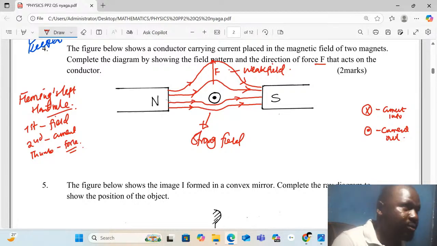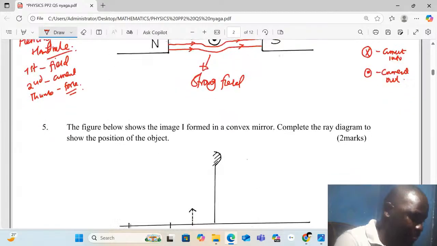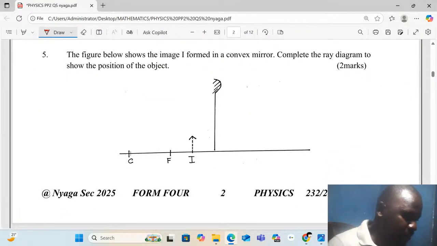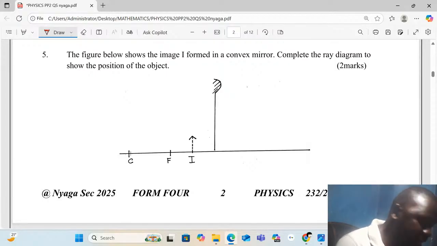Yes, now we can continue. So now we are having one of the convex mirror, where we are entitled to locate the object. So we are told complete the ray diagram to show the position of the objects.